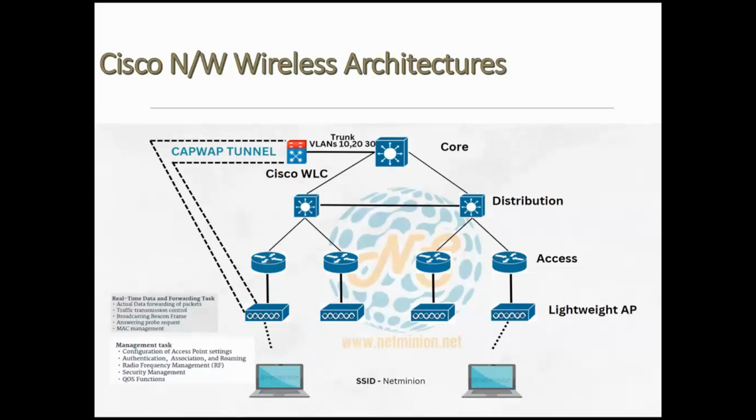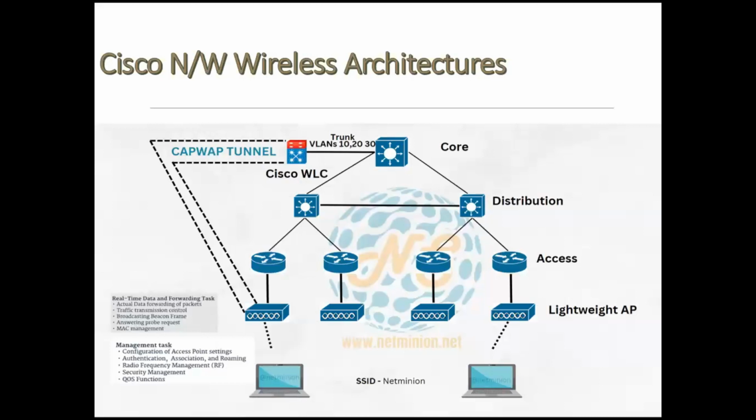The administrator must manage every area by working on the specific autonomous AP. If we need to increase the transmit power, we need to go into that AP. If we need to avoid overlapping, we need to go there and change the channel.